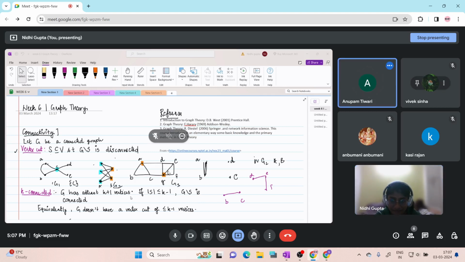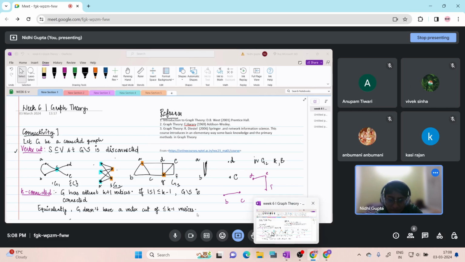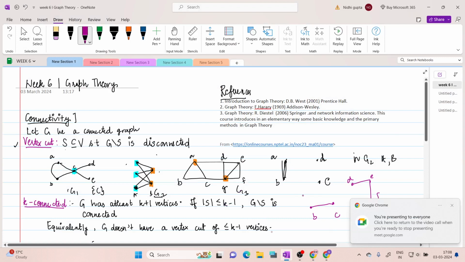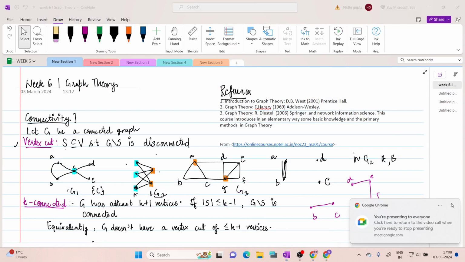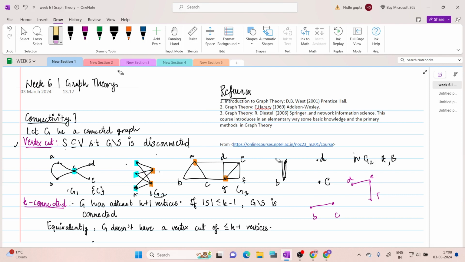Ma'am, D and C. Yes, if we remove D and C, then also we see that the graph is becoming disconnected. A and B will be in one component and G, E, F will be in the other component. If we remove D and C, there is no path between B and G. So for G3 we have got two examples.